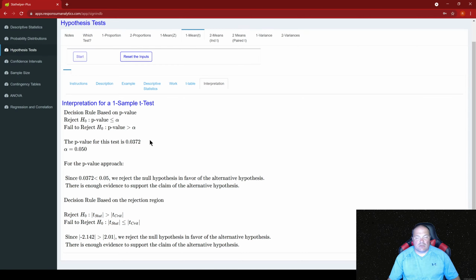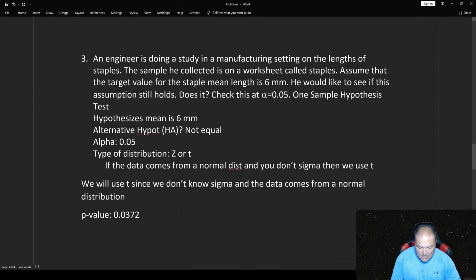Our p-value is 0.0372. Alpha is 0.05. We can see that 0.0372 is indeed less than alpha. So we will reject. Since this is less than 0.05, we will reject the null, okay?